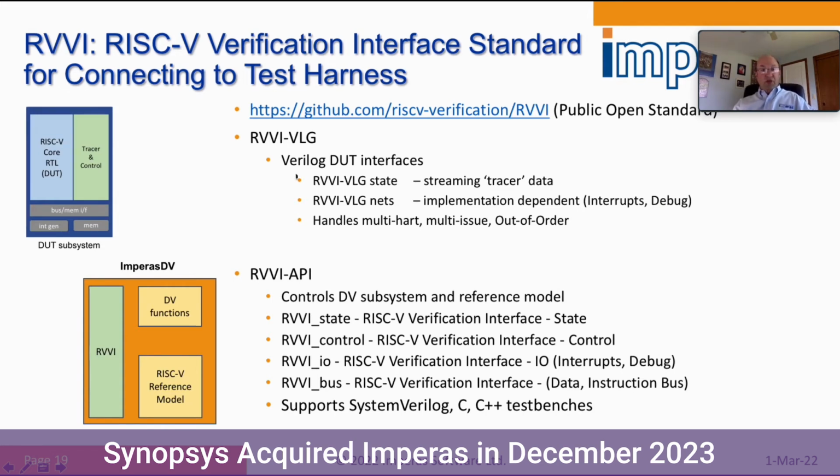There are some Verilog device under test interfaces that handle the tracer data coming from the device under test subsystem, and then APIs for working with the reference model subsystem. And again, this supports SystemVerilog, C, C++ test benches.